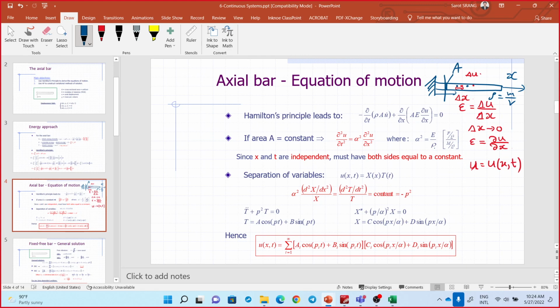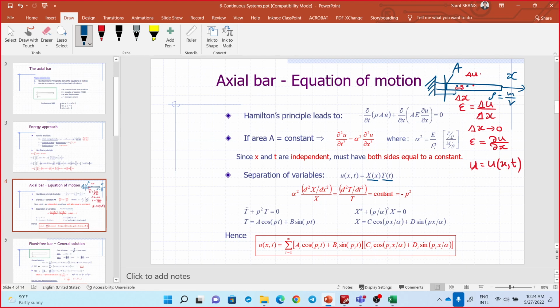One function is a function of h only, and another is a function of time only. This kind of expected solution is found using the method of separation of variables.